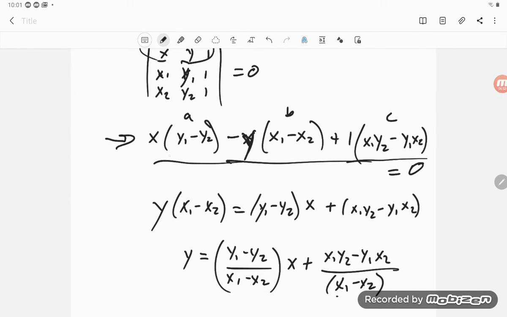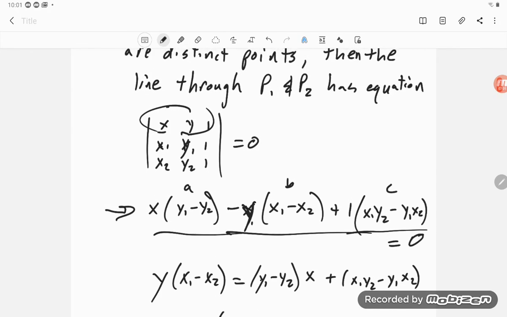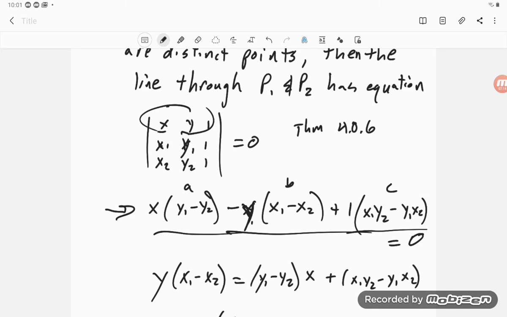I could substitute in my x equals x1 and my y equals y1 and show that I get 0. But we know from theorem 4.0, and I think that was 6, we know from that theorem, yes, that if I have two rows the same, then I do get a determinant of 0. So it does happen that if x is x1 and y is y1, we get 0 for our equation. So that worked, and similarly for x2, y2.